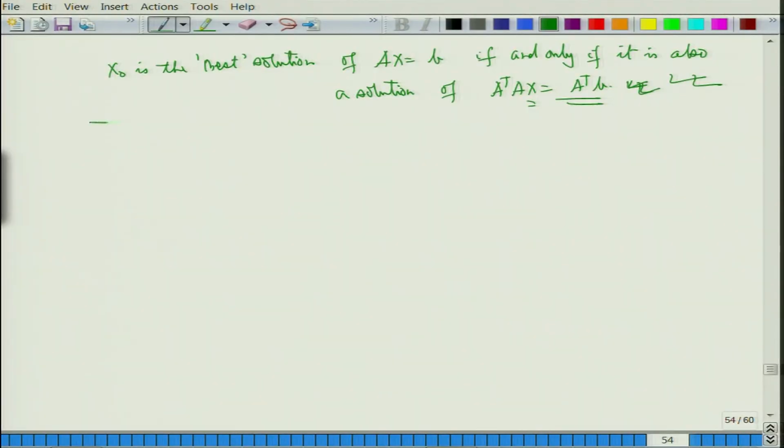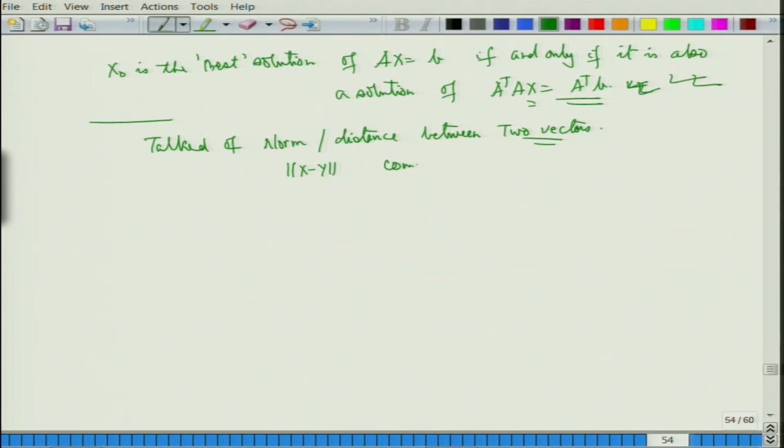So, I could do these things basically because of the inner product. So, I could do it because we talked of the norm or distance between two vectors, all right, norm of x minus y, and it was coming from the inner product.